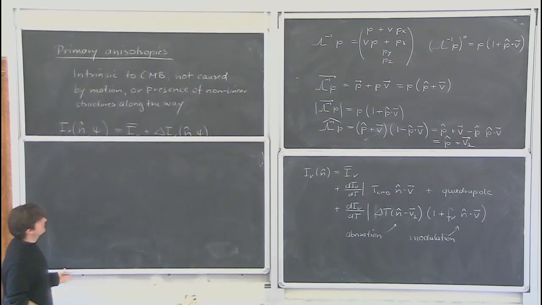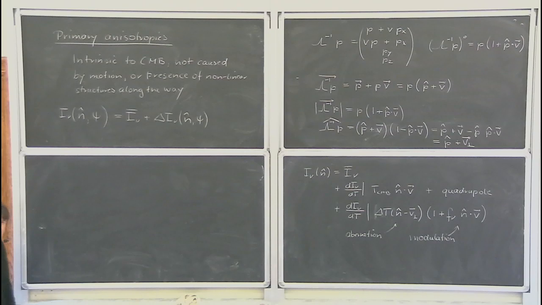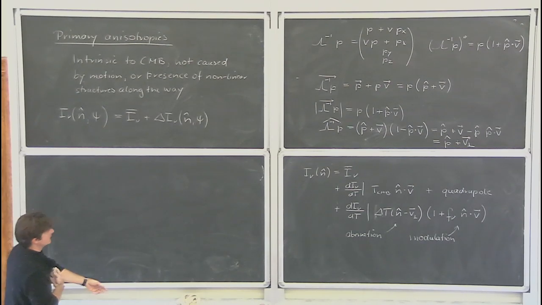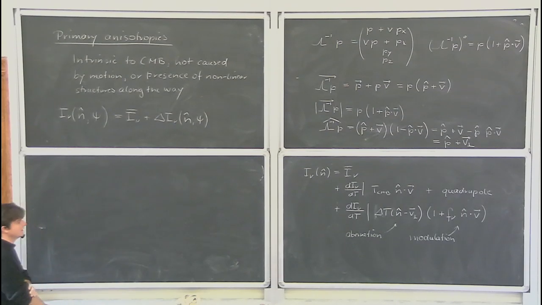So usually the maps, if you download maps from the Planck Legacy Archive or WMAP and so on, they're corrected for the dipole. They're not really corrected for modulation and aberration, but they're relatively small effects. I guess eventually when you have higher precision measurements, you should also start correcting for these, but right now they're not corrected for. So if you download the maps, you can try to reproduce the Planck analyses and try to measure the motion in this way.